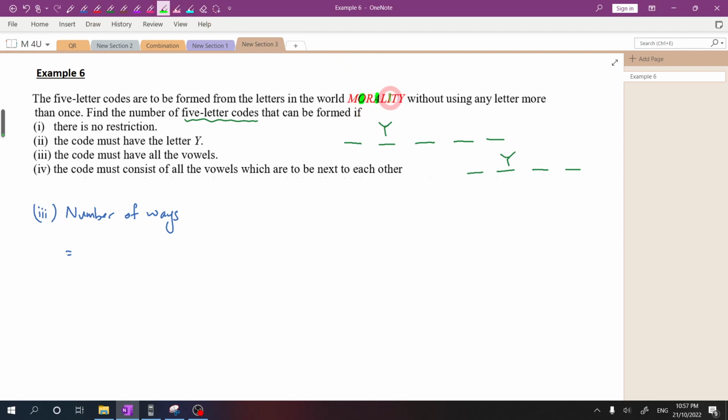O, A, and I. So I have 3 vowels over here. So in this part, I'm going to use combination together with permutation to help me get the answer. 3C3. This is for the vowels. Okay, since I'm using C here, the order of arrangement is not important.